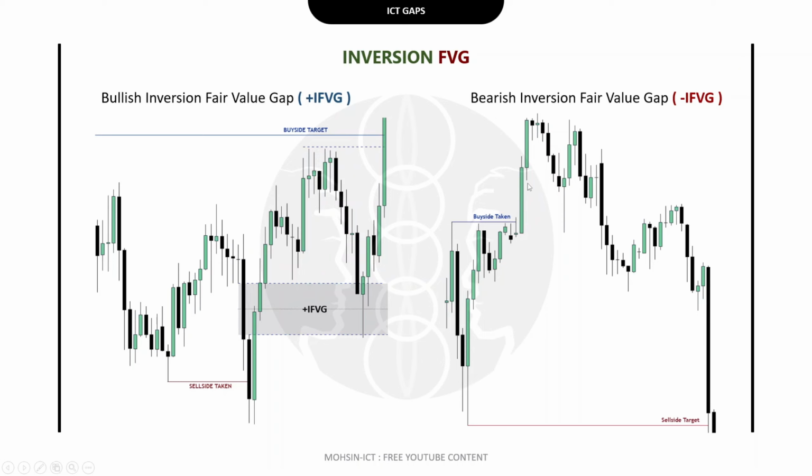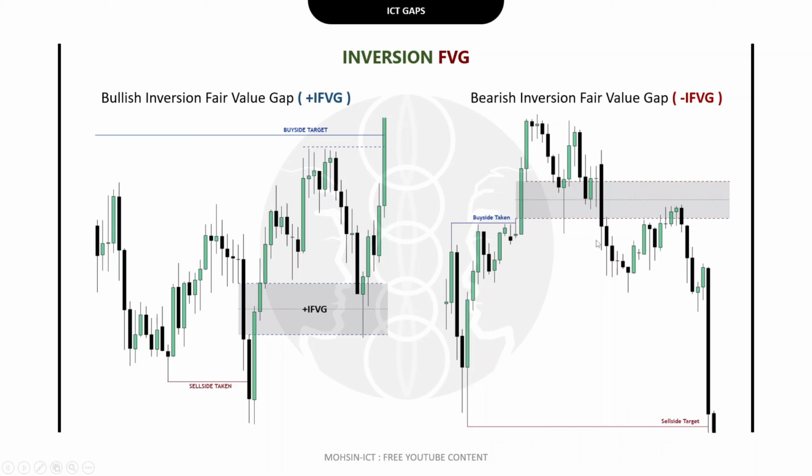This right here is a BISI. It will be used as a SIBI on the sell side. We mark out its 50% level as well. The strongest level is 50%. We want price to close below it; it can wick above it, but it has to close below it. Then we wait for price to give us entry on a lower time frame, or we enter right here toward the draw on liquidity. That's how the inversion fair value gap works.